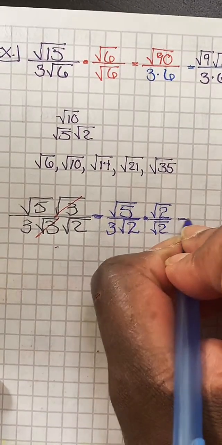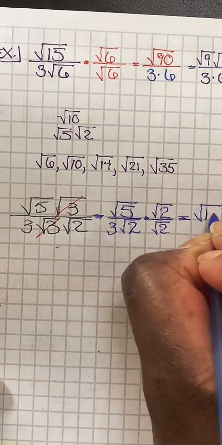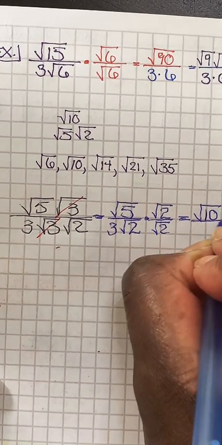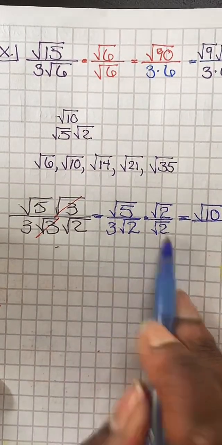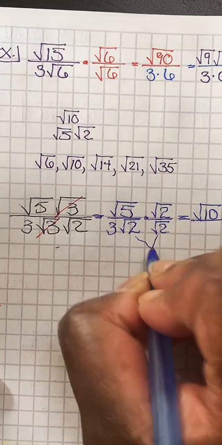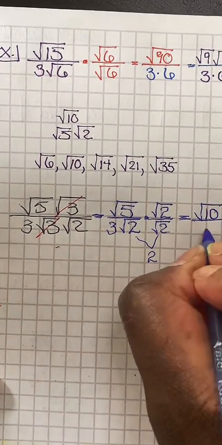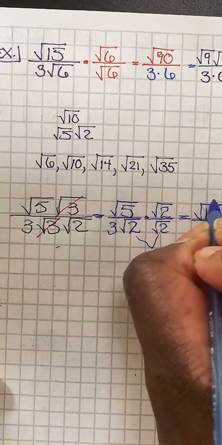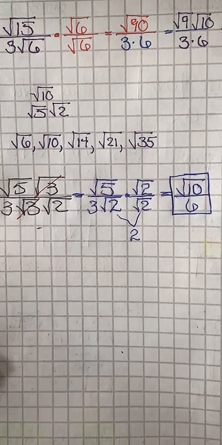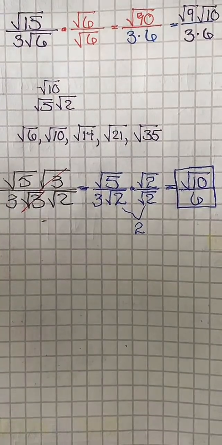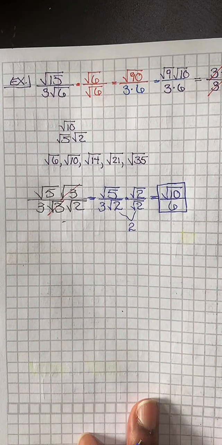So when you do that, you got your square root of 10. And then here, square root of 2 times square root of 2 will give us a 2. 3 times 2 will give us our 6. Good job. See? Multiple ways of getting the same answer.